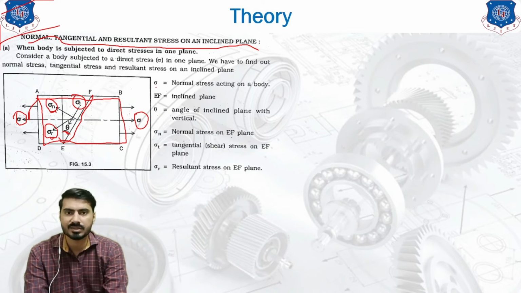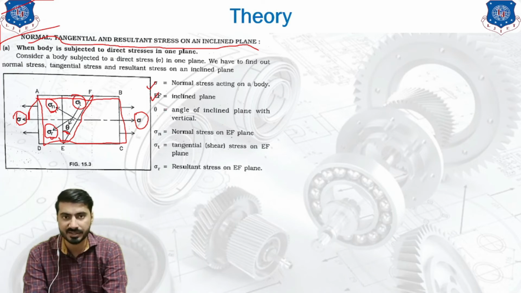We will list out the parameters that we are going to use for this derivation. The first one is sigma. As you can see, it is the normal stress acting on the body, which is externally applied. EF is the inclined plane on which we intend to find out the normal and the tangential stress. Theta is the angle of the inclined plane with the vertical.